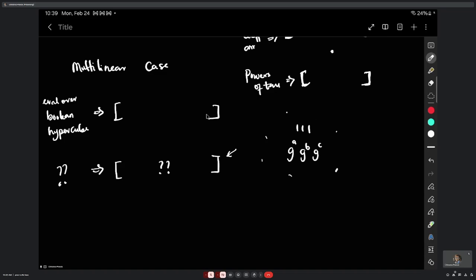We want to get an array such that if we do a dot product between that array and the evaluations of the polynomial, we are going to get the evaluation, or say partial evaluation, of that polynomial.